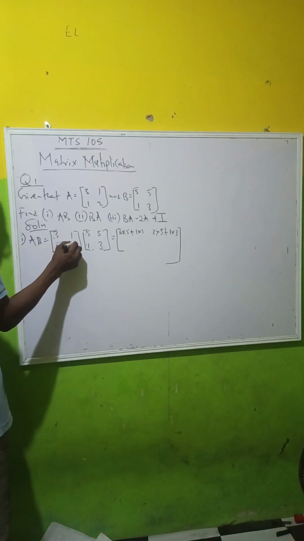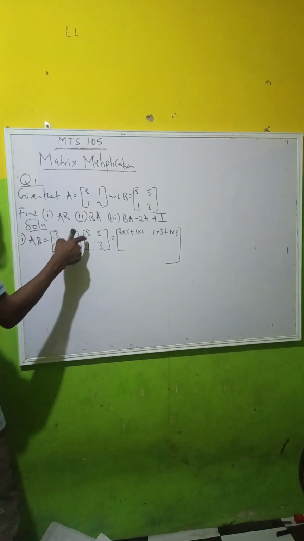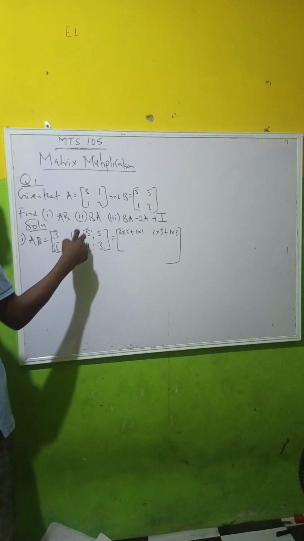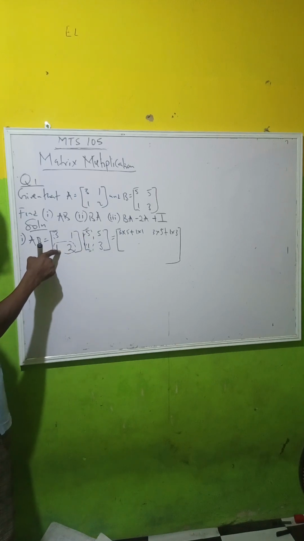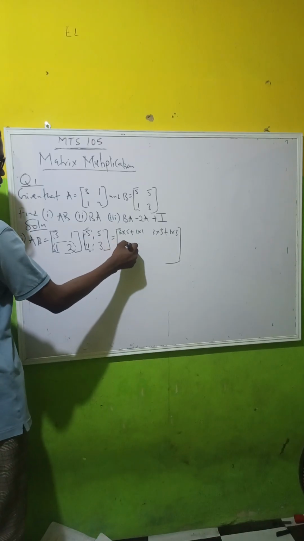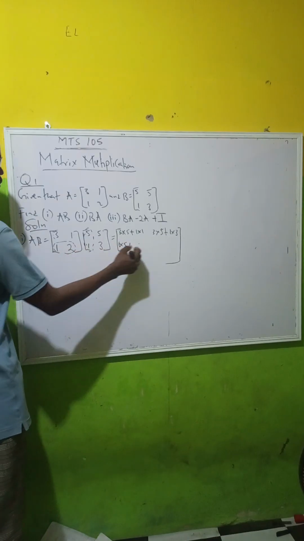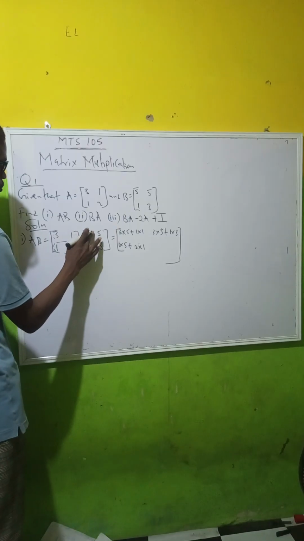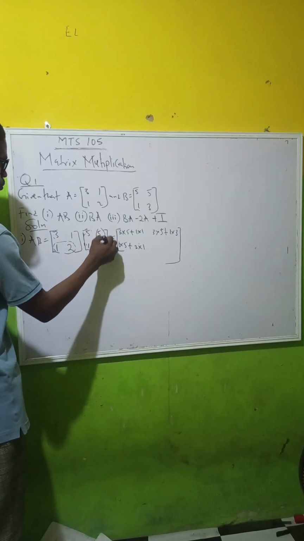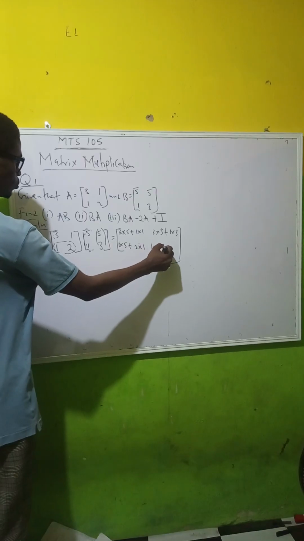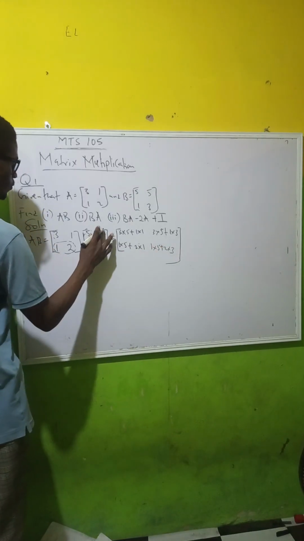So we are using the second row now to multiply, to expand everything here. So the first column. So 1 times 5 plus 2 times 1. Then we are done with this first column. Move to the next one. 1 times 5 plus 2 times 3.